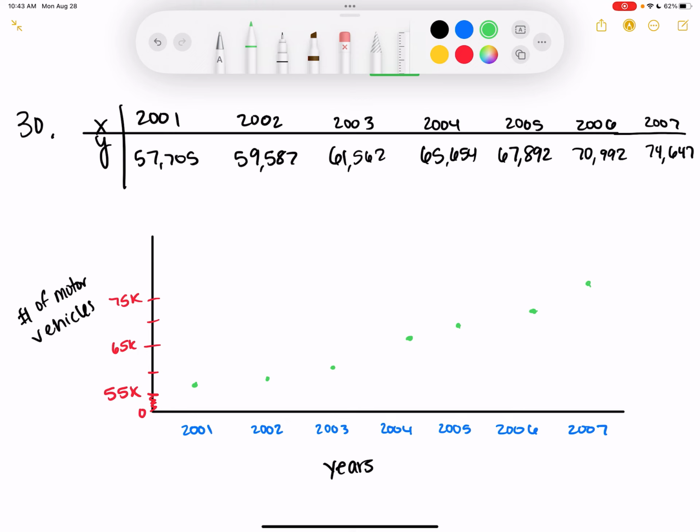When we get to stats, sometimes we end up with 3 or 4 lists, and we need certain ones. I do L1 as X, L2 as Y, so if you didn't already type your Y values into L2, you're going to want to do that. They need to match up, so don't put 2001 as the 59,000 number. It doesn't work that way. They're in pairs with each other as they go down.